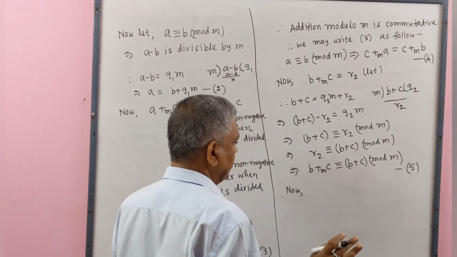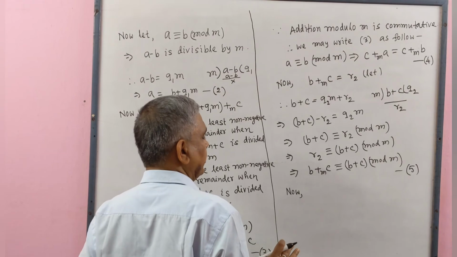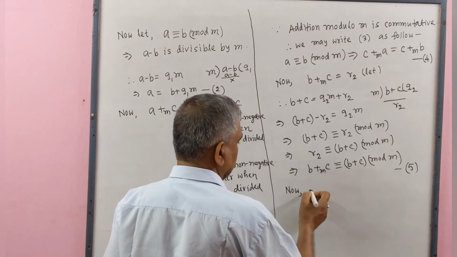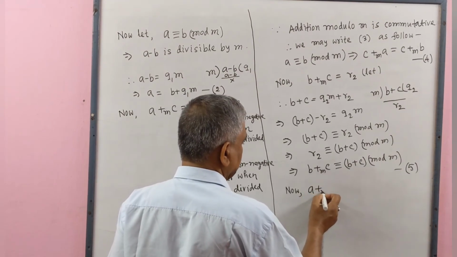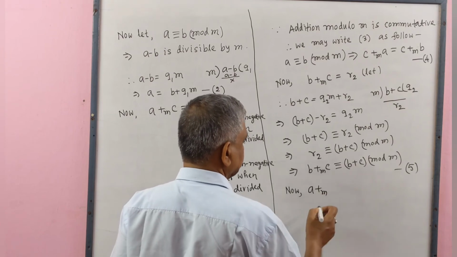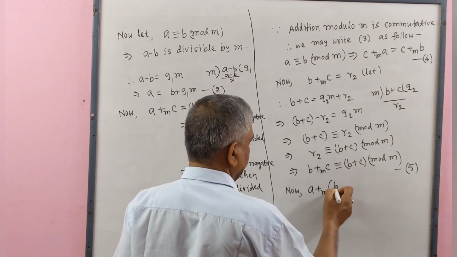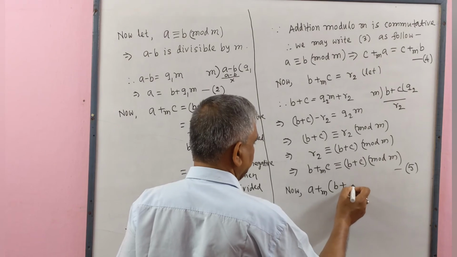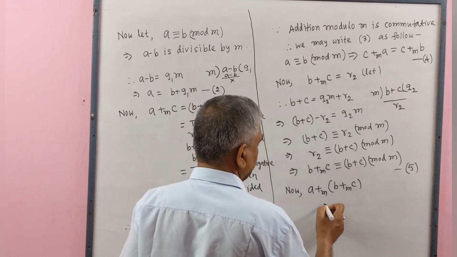Now we examine the associative law in addition modulo M. Now, A addition modulo M, B addition modulo M C equal to.